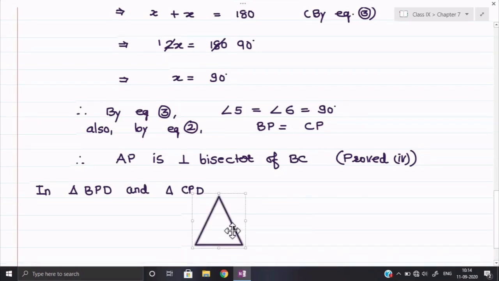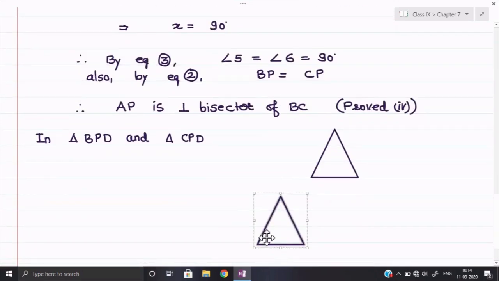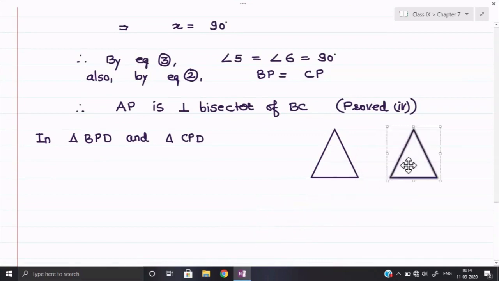So here first triangle I have taken. Similarly I am taking one more triangle here, and the name of both the triangles I am giving here BPD and CPD. So first one is BPD, second one is CPD.